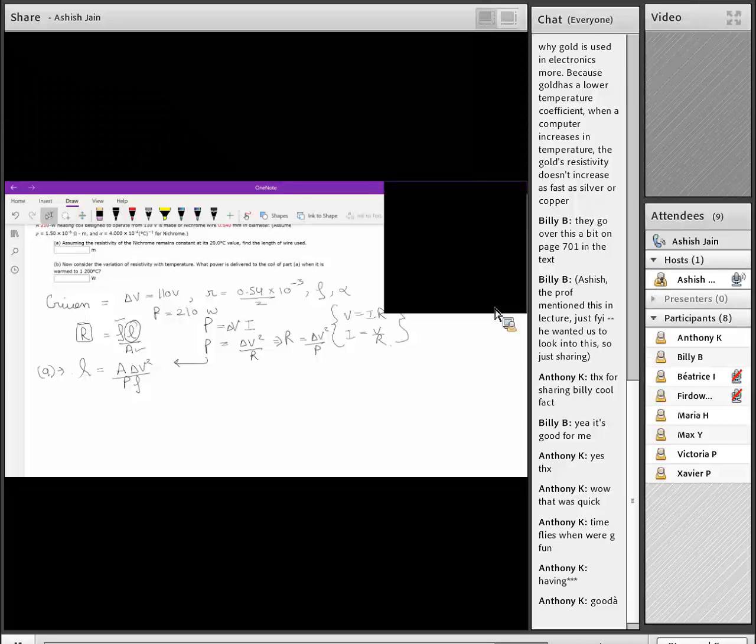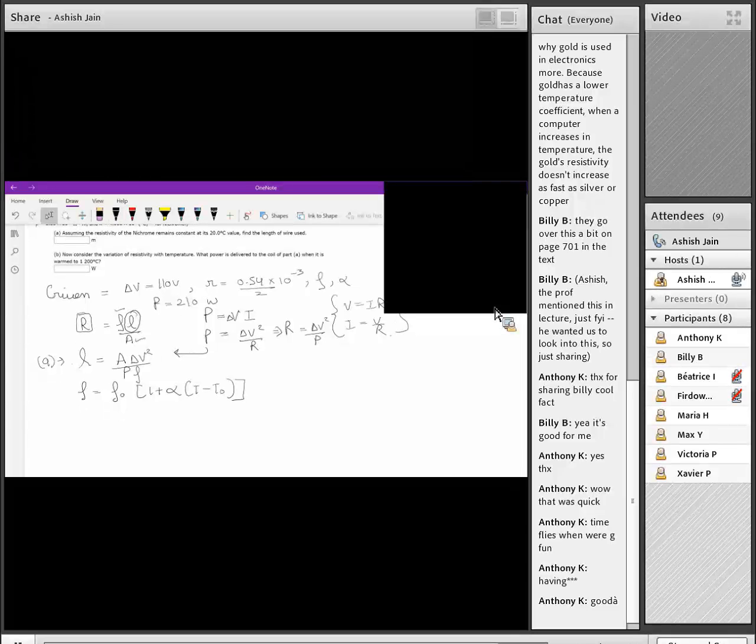Did you guys get it? Any problem in any equation or something? Good. Perfect. Let's move on to part B. Part B says, now consider the variation of resistivity with temperature. Again, you know our favorite equation, not so favorite though, but yeah, is this.